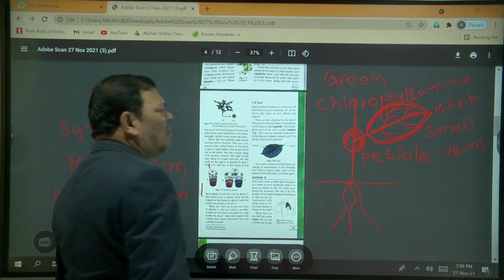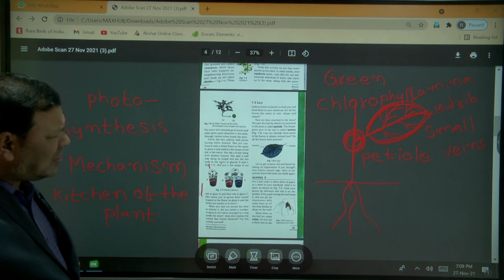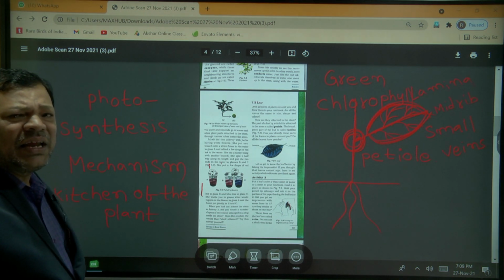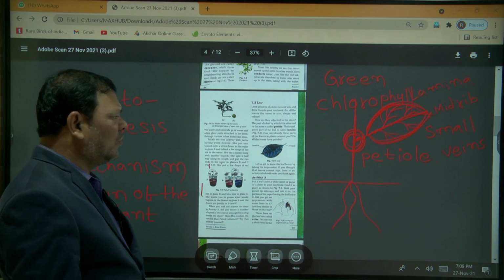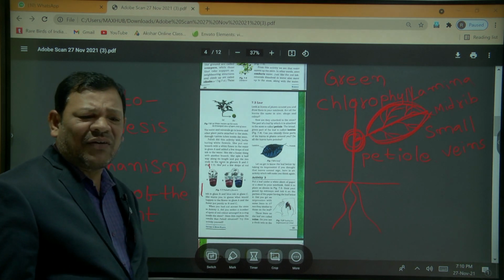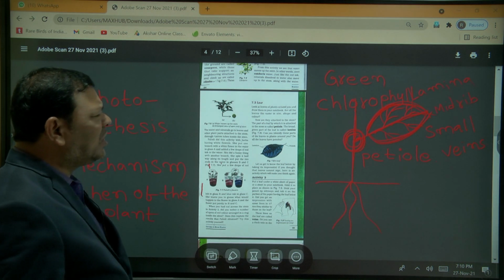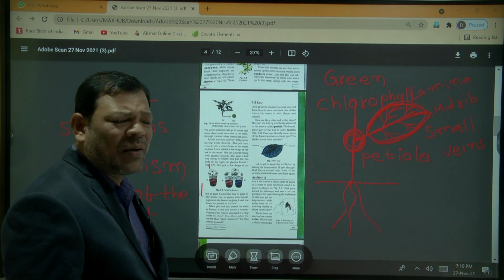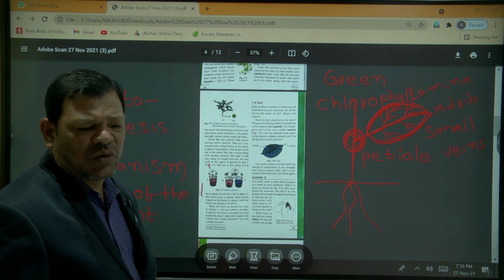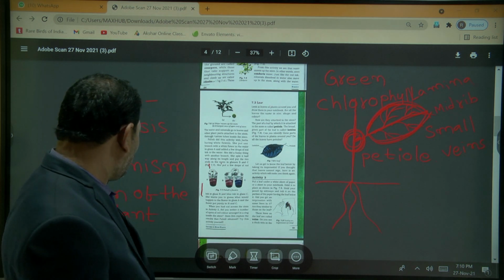With the help of the photosynthesis mechanism, green plants prepare their own food. That food is stored in the form of starch, and it is distributed to the different parts of the plant body through the phloem.